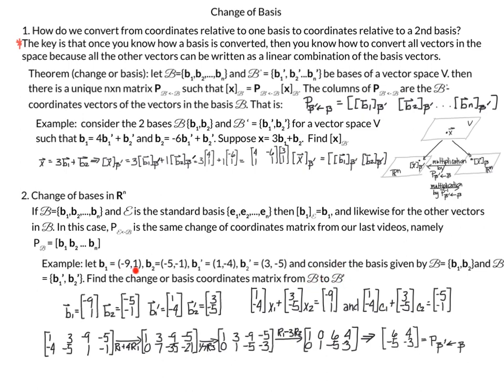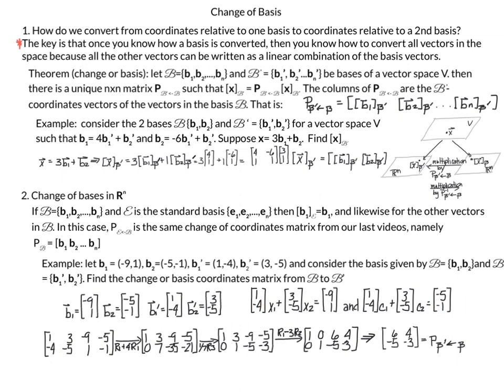To do that, we need to know how to write the basis vectors of beta as coordinates in beta prime. So we take our basis vectors, (-9, 1) and (-5, -1), and write them as linear combinations of our beta prime basis, (1, -4) and (3, -5). So these are the two vector equations we are trying to solve.